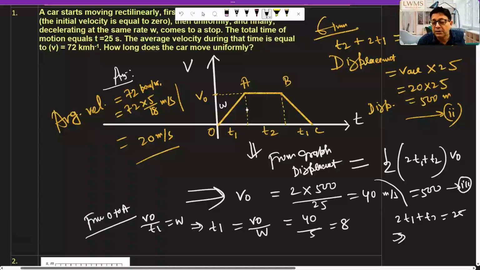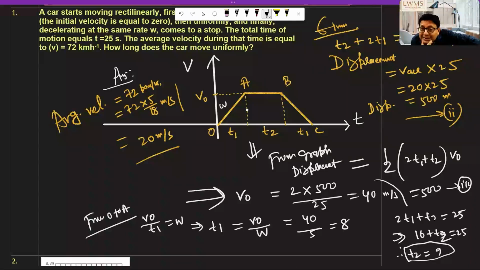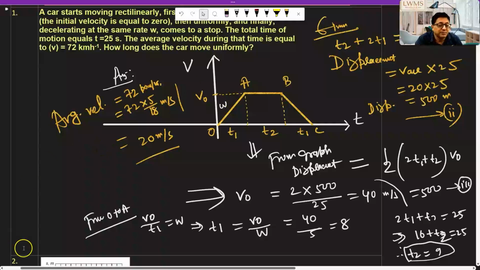T1 we got 16, plus t2 equal to 25. So t2 equals 9. So 9 seconds it was in uniform motion.